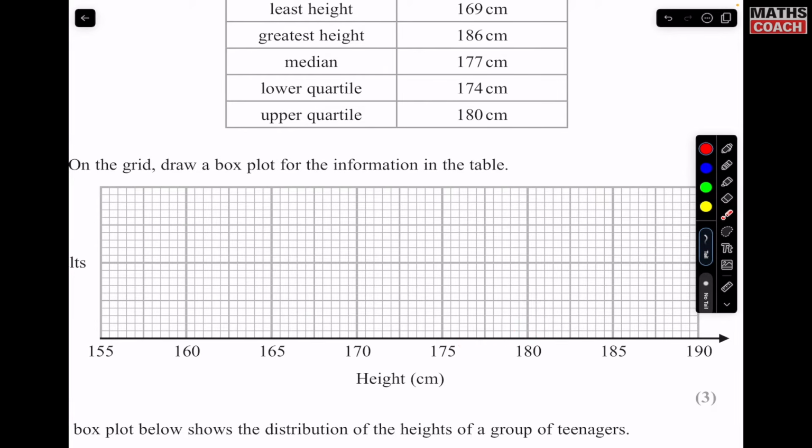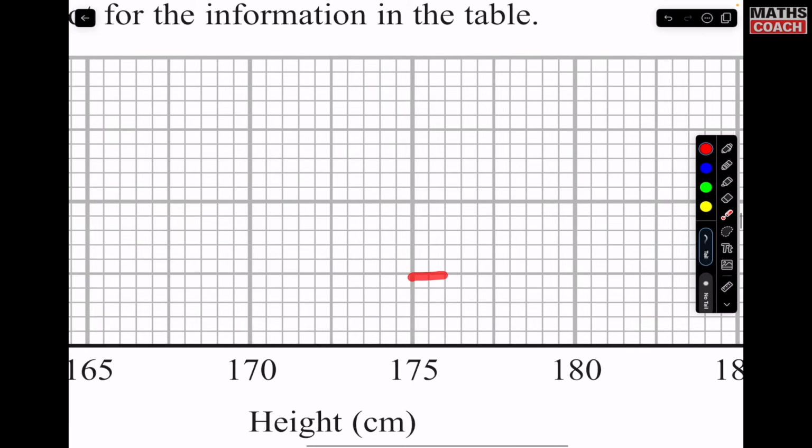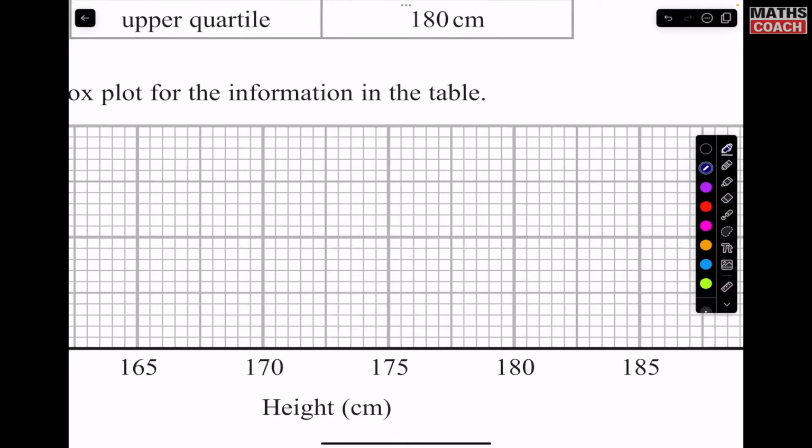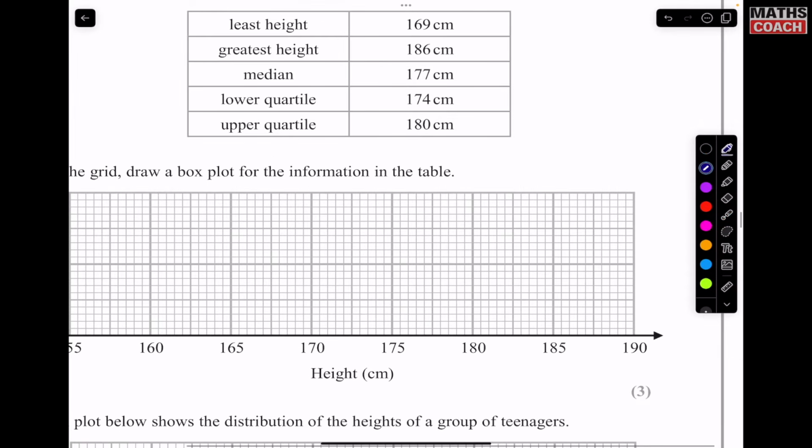So every 2 boxes across is worth 1. Okay, so we're looking for 177. So 176, 177, right there. I'm just going to draw it there. Okay, that's 177.